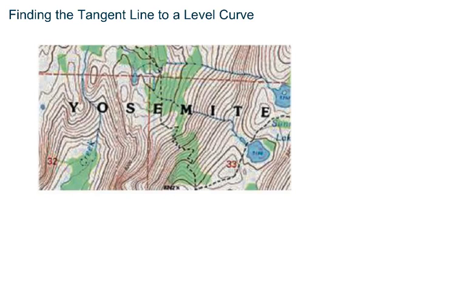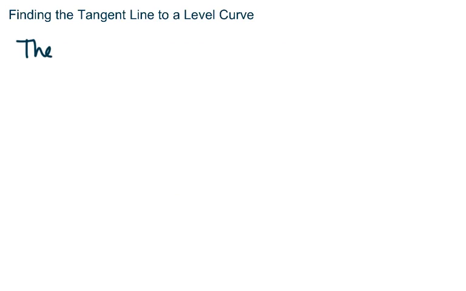So thinking about it this way, we need to recognize that when we're finding these equations for tangent lines to level curves, they are going to be normal or perpendicular to the gradient. So we'll think about it this way.